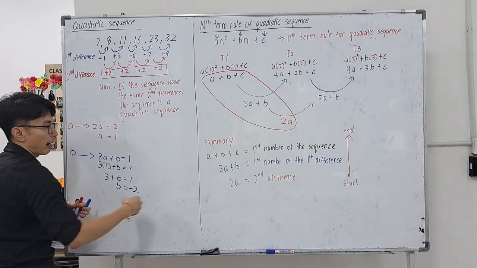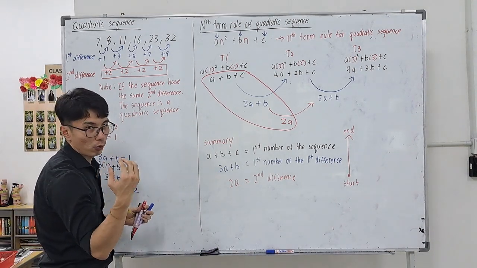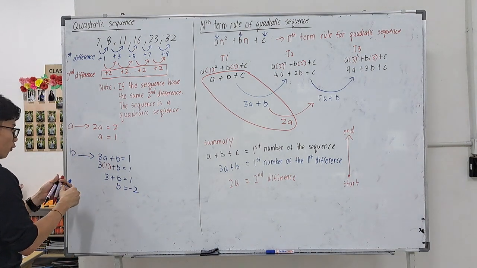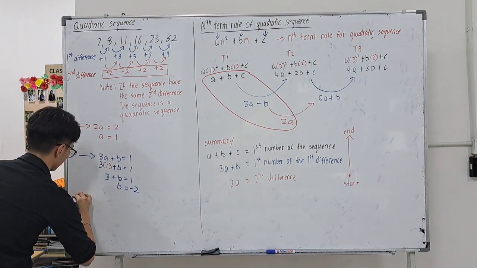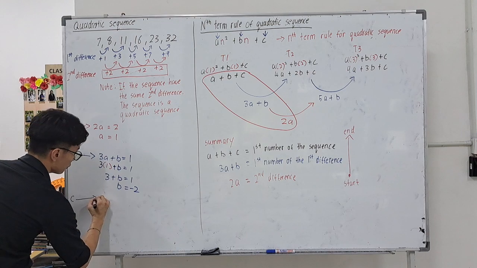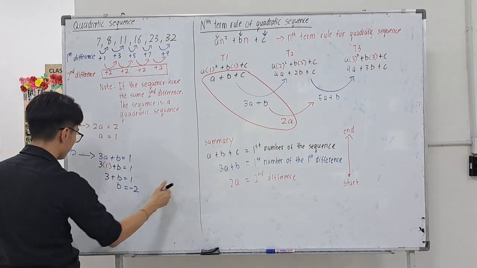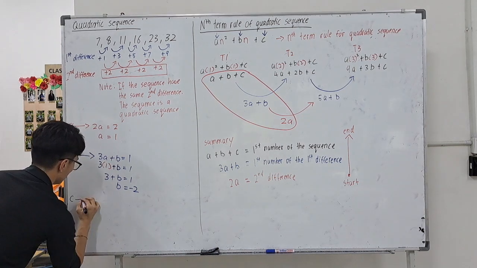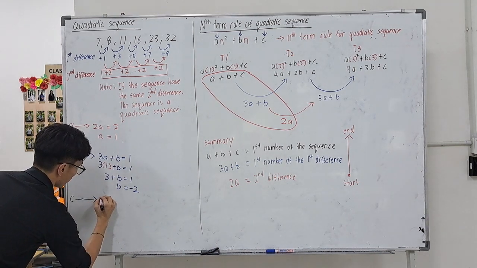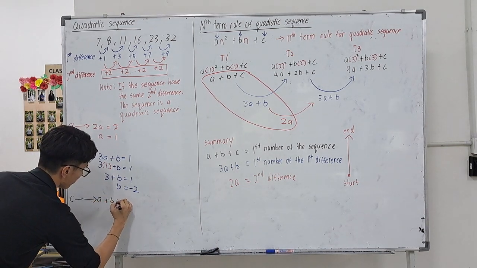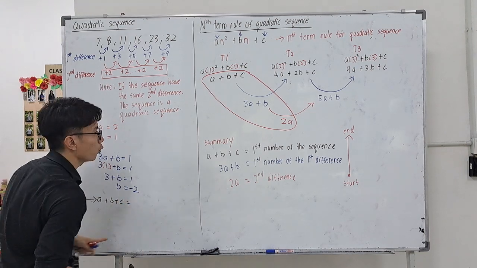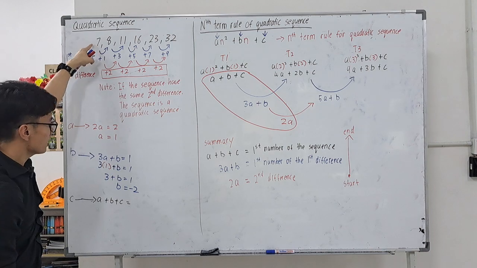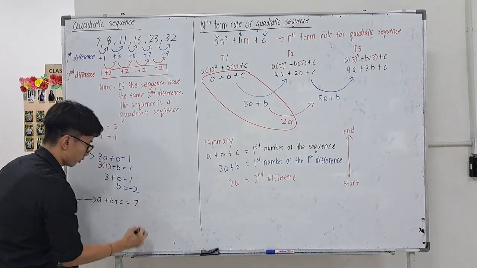And finally, since I have found my value of B, one more letter left, I'm going to find C right now. So for my C, I'm going to use the last one over here, A plus B plus C, and that will be equal to the first number of the sequence. In this case, that will be 7. Okay?